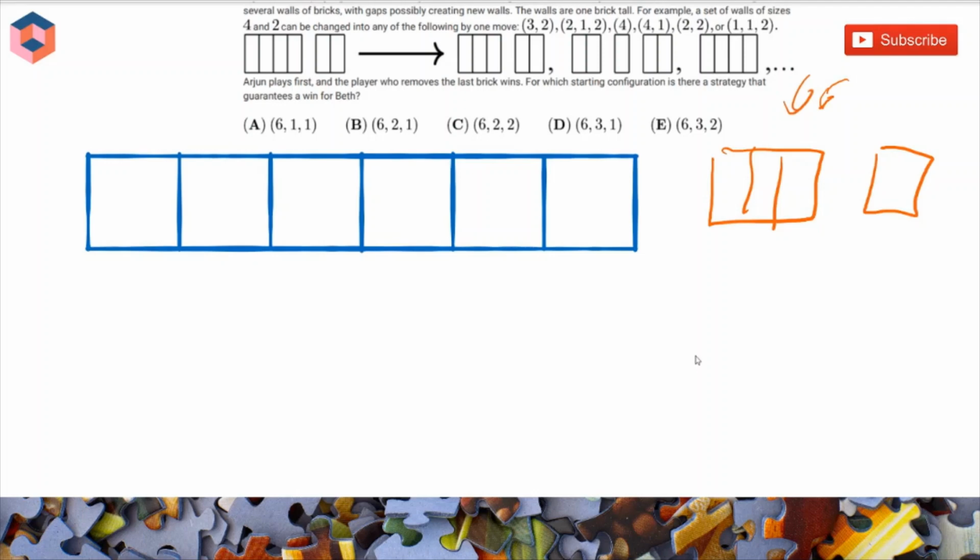Then we're in that position 6, 1, 1, where it's Beth to move now, and we already said that 6, 1, 1 is a win for whoever moves first. So that would be a win for Beth. Similarly, if you continue, you'll see that it won't work. We'll leave it to you to prove the other choices, but that's how you would continue proving this. And basically your answer would be 6, 2, 1.